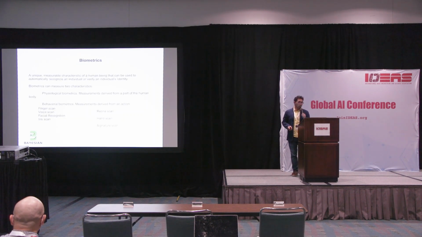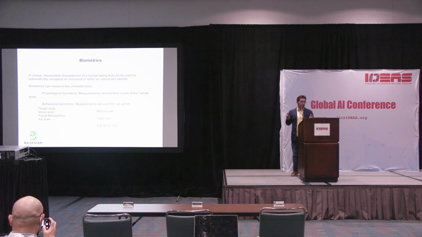The other term that I want you to learn is biometrics. Biometrics is just a measurable characteristic of a human being. It could be automatically recognized or used to verify the person using that metric that we are measuring. So it could be physiological.